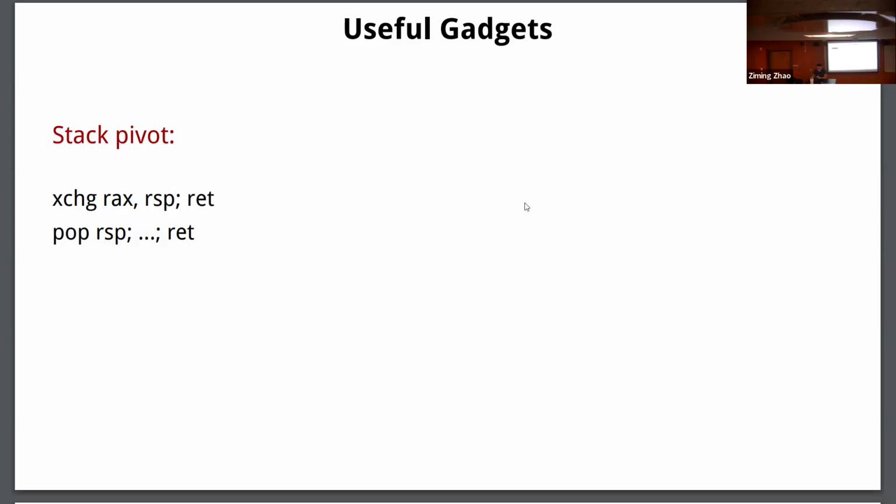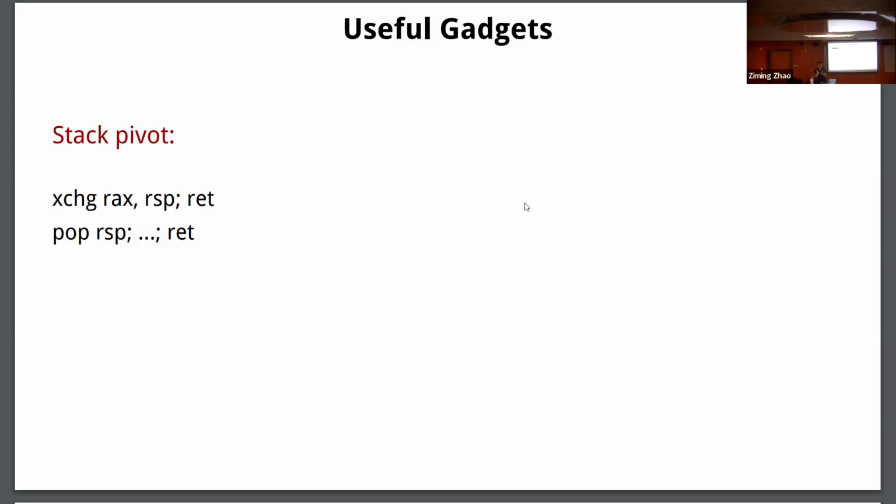So what we can do with this instruction is, if the stack is limited, we only have a very small stack we can overwrite. We cannot overwrite a lot of data there. Then we can do an exchange of the stack register with another general register.